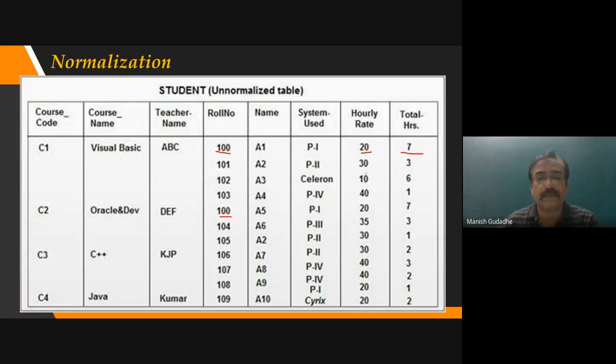So it is readable for me, but is it readable for the computer? Here, C1 is appearing only once.